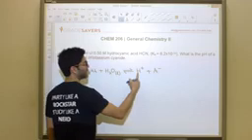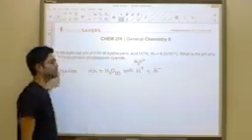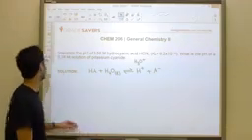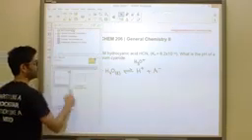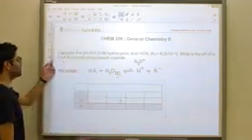Now some of you guys may have seen H3O plus instead of H plus. Those are the same for all intents and purposes. So in order to make an ICE table, let's go fetch one, because that's what we're going to have to do here. So here's our ICE table.